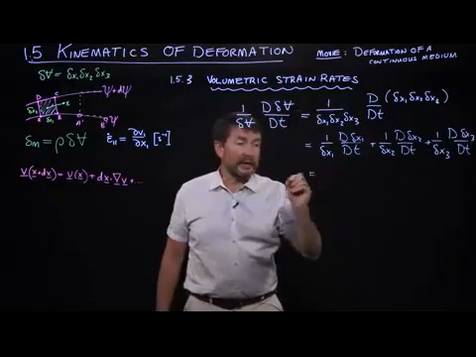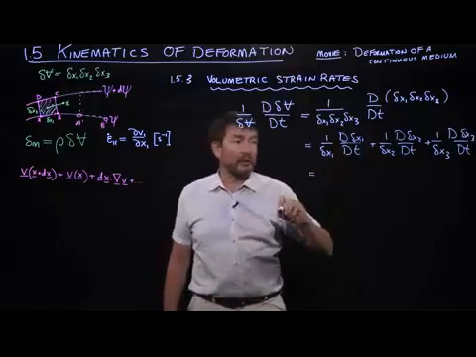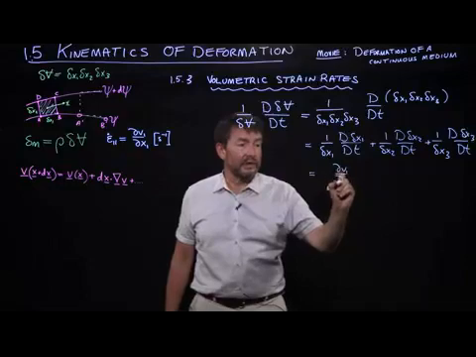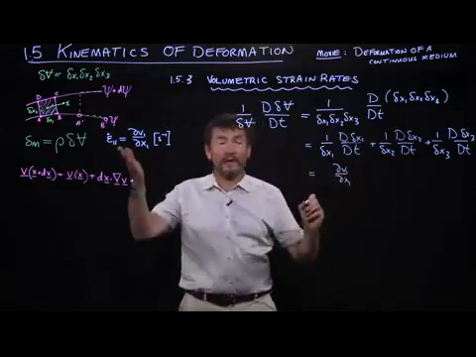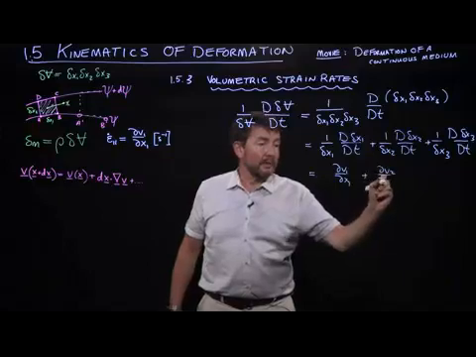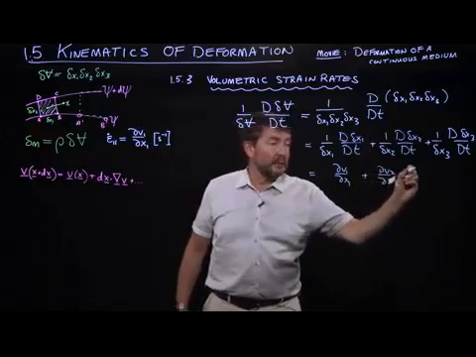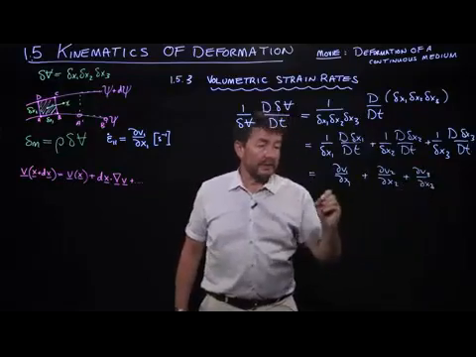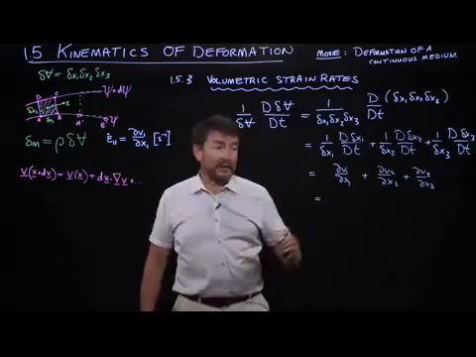And so this looks like exactly what we've seen before. We called this our velocity gradient. So this would be dv1 by dx1, just like we had here, plus dv2 by dx2, plus dv3 by dx3. And we could write that a couple of other ways.